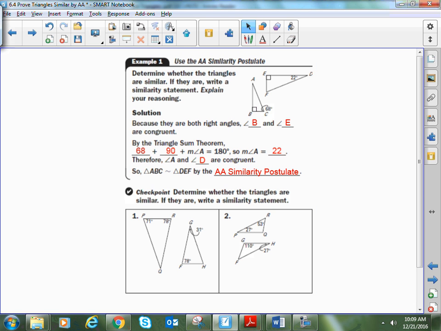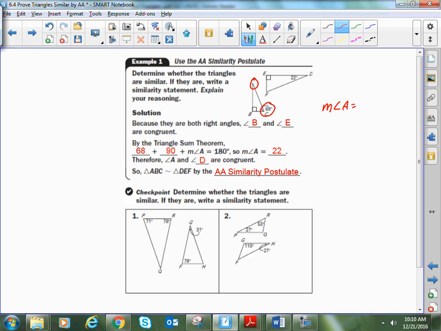Now, I would have looked at it pretty much the same way, but I would have taken a different view on it. I wouldn't have necessarily said that all three angles have to add up to a sum of 180 degrees. I would have said the measurement of angle A has to be the difference, because the two acute angles of a right triangle have to be complementary to each other.